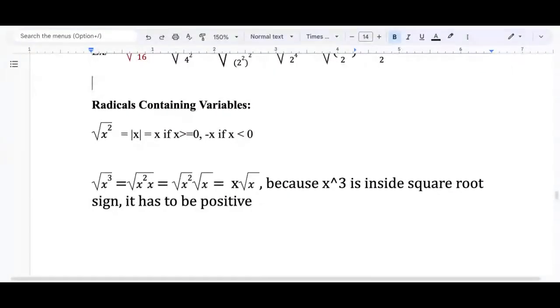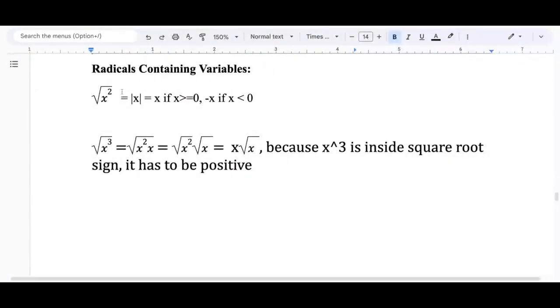Okay, now let's see radicals containing variables. Well, square root of x squared is the absolute value of x, because we want to force x to be non-negative, right? It equals x if x is non-negative, and equals negative x if x is less than 0, which means x itself is negative. So negative x becomes positive.